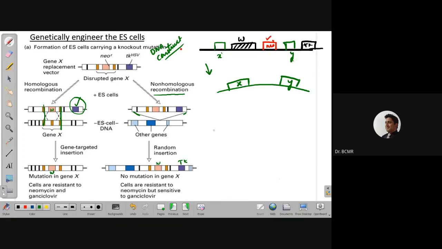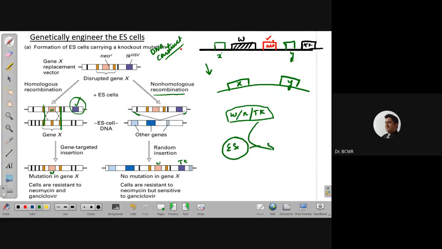So upon integration, there are a total of 3 types of cells once you add the gene construct to the cells. I will write it as W, neomycin phosphotransferase gene and thymidine kinase. You assume this is one DNA construct you added to embryonic stem cells.